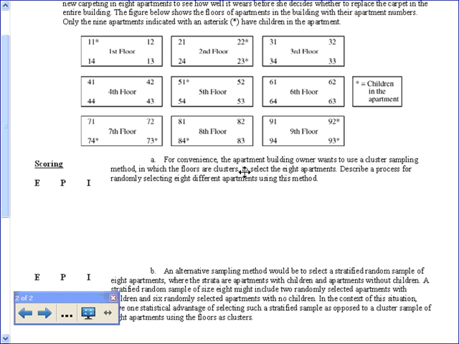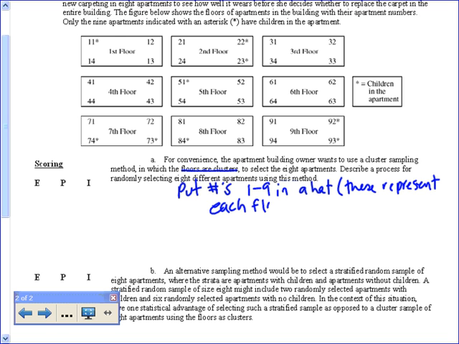If the clusters are the floors, then we're going to put numbers 1 through 9 in a hat. These represent each floor. Now we know each floor has 4 apartments and we need a total of 8. So what are we going to do?